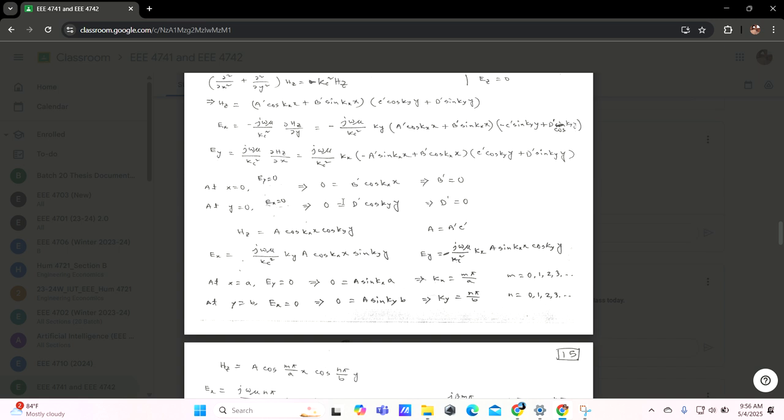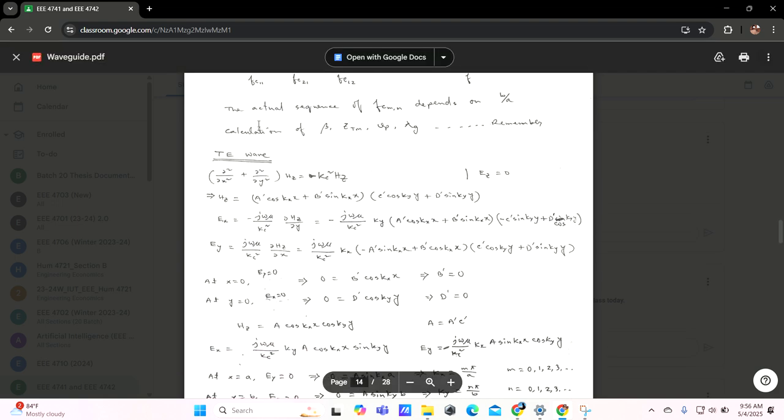Then for that we have to derive the second order equation in a different way. In this case it is a little difficult, but we are familiar with this process, how we can derive this transverse electric wave. Then we put the boundary conditions again.